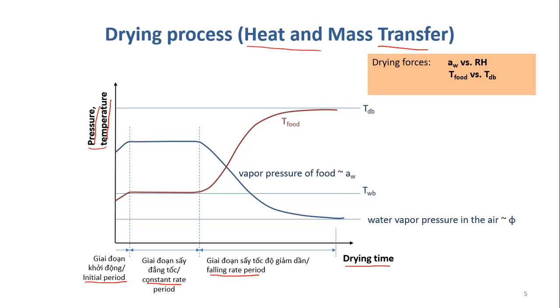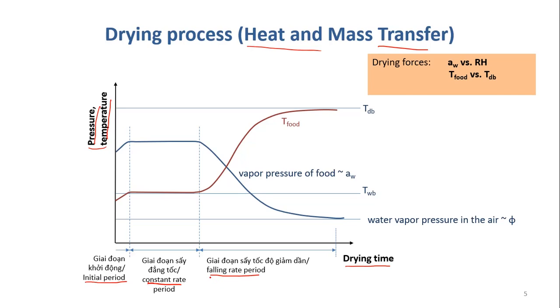During the constant rate period of drying, the amount of water removed from the food per time is constant, meaning after the same period of time, the same amount of water is evaporated or removed from the food.